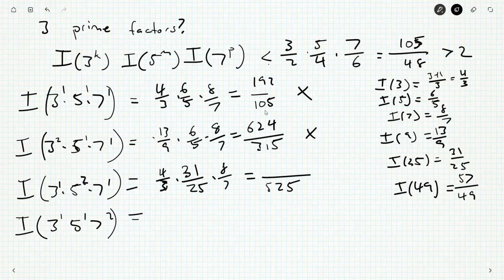And then we've got 31 times 4 times 8. 992. No, that's worse. We needed something over 1050. So, let's try 57 and 49, but I think that's not gonna go so well.